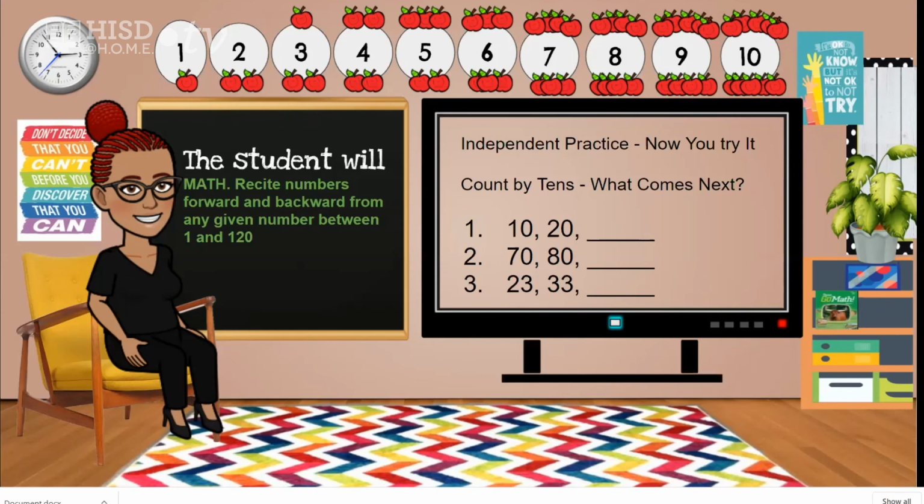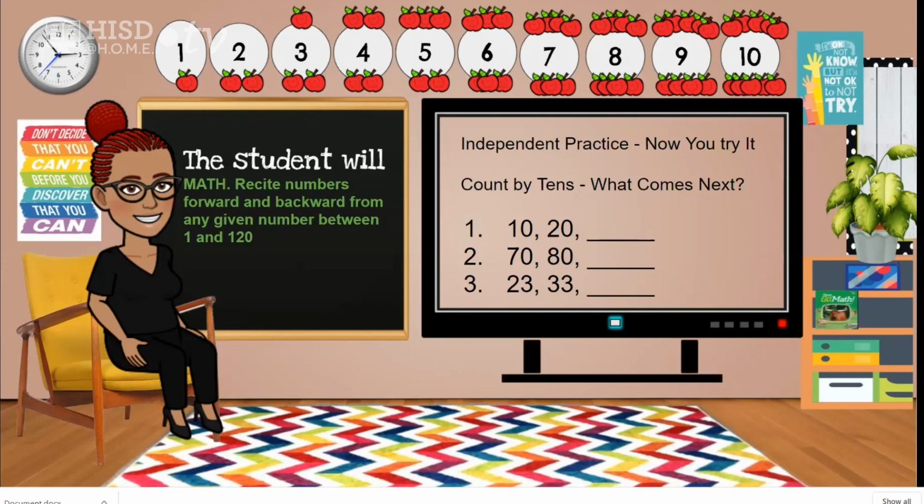Now, for my second graders, not only do I want you to write these problems and tell the number that comes next, but I also want you to give me an illustration. Remember, an illustration is just a synonym or another word for drawing. So I want you to use those place value blocks that we talked about last week and draw 10, and then draw 20, and then show me what number would come next.